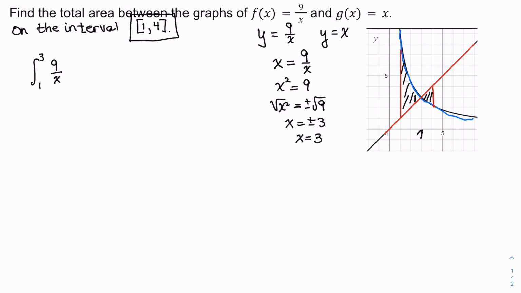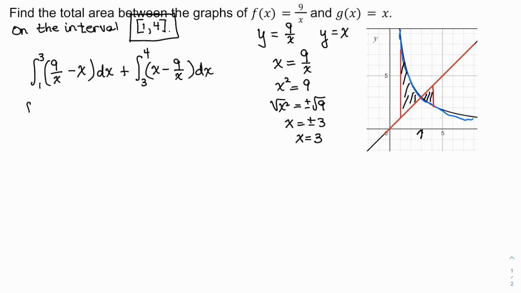So we'll write that first and subtract from it the red line, x, dx, and add to it the definite integral from 3 to 4, where the red line's higher in the plane. So we'll write the x first minus the 9/x, dx.